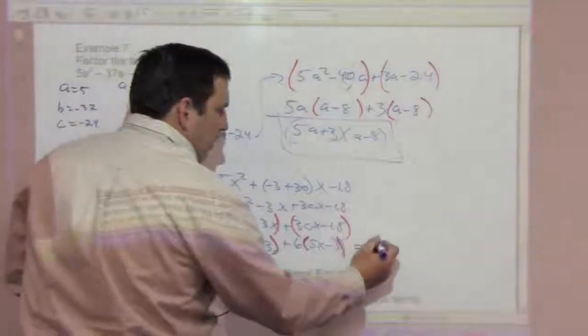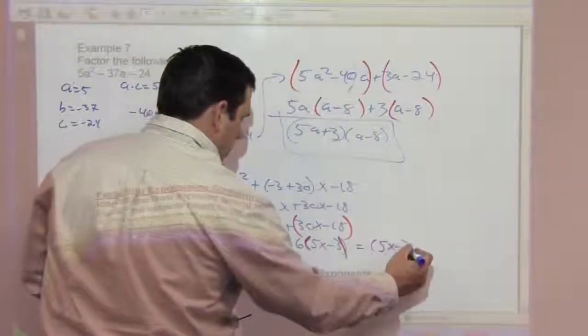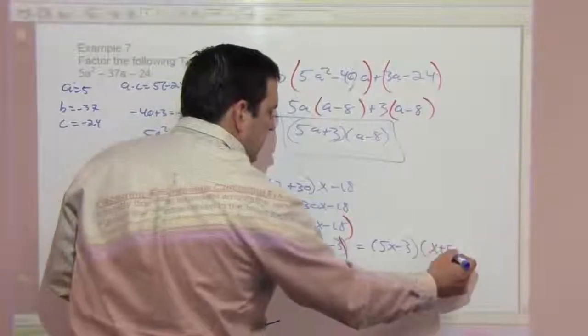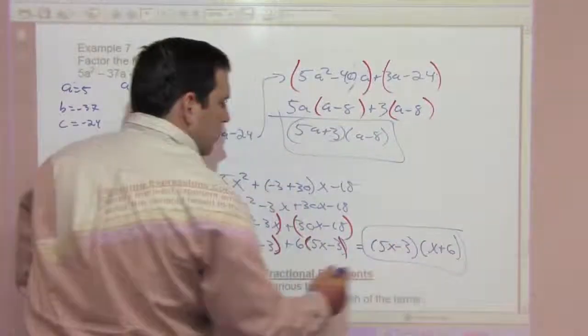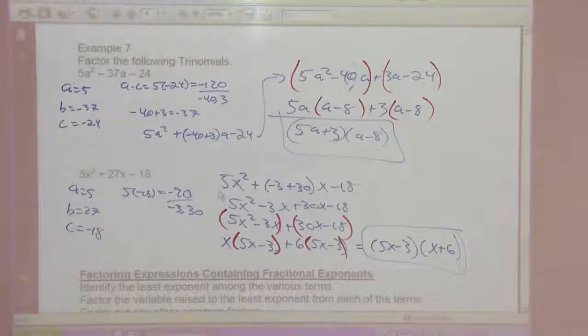And we end up with 5x minus 3 times x plus 6. Okay, I'm going to go on to the next one, so feel free to pause.